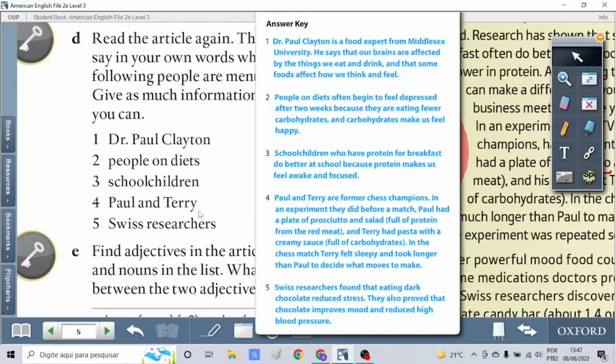The Swiss researchers. The researchers found that eating dark chocolate reduces stress. They also proved that chocolate improves mood and reduces high blood pressure. Okay, you don't need to write all of this, but you can write a little more or less about what is written here.